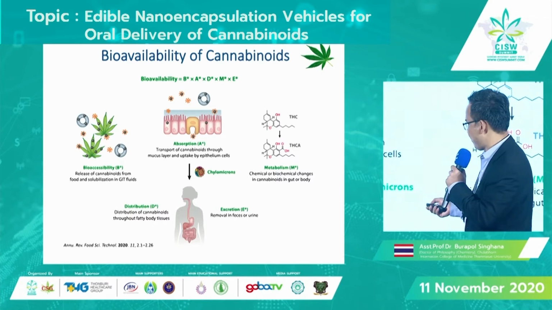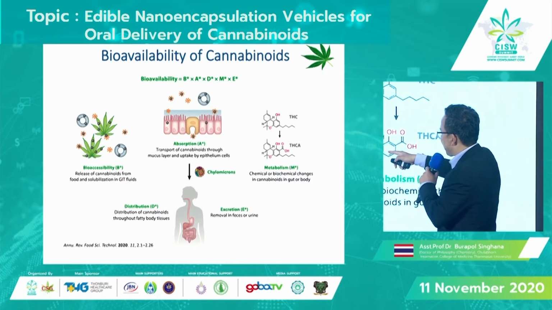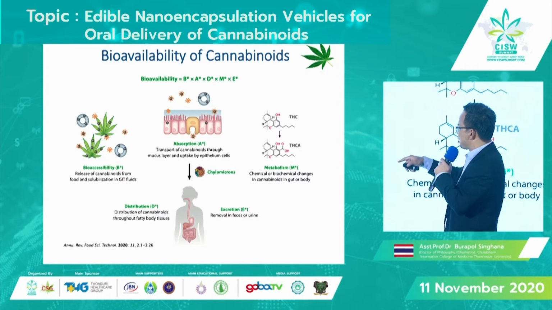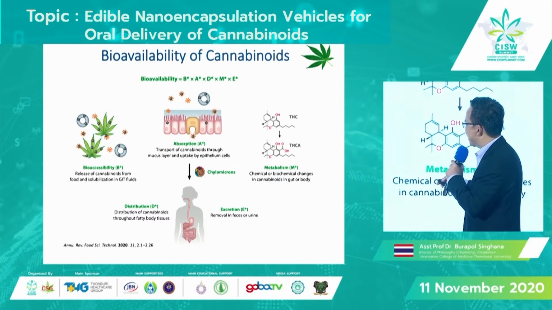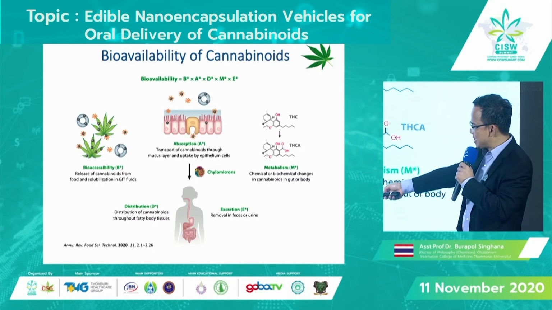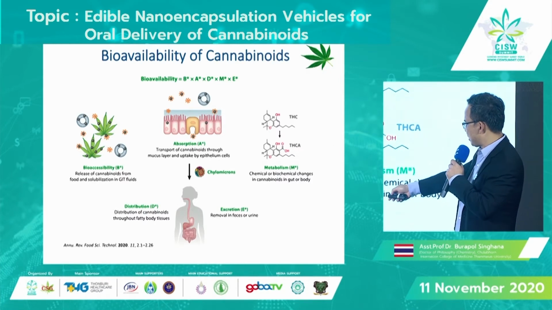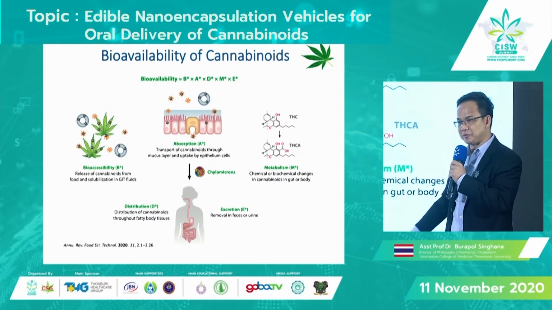How much shows up mixing with GIT fluid. The second step is absorption: transportation of cannabinoids through the mucous layer and uptake by epithelial cells. And the last one is biodistribution, or distribution, right? And another factor, metabolism and excretion.